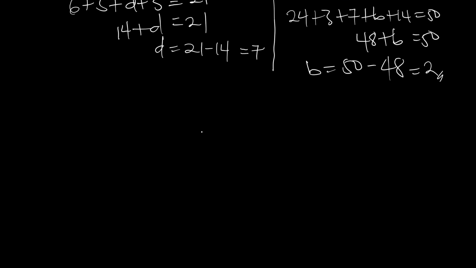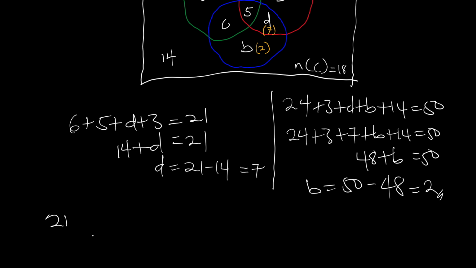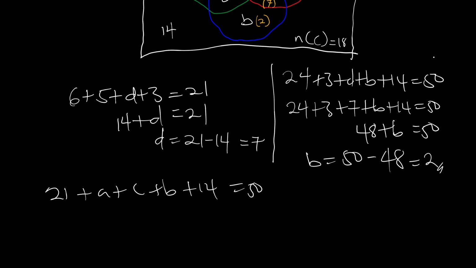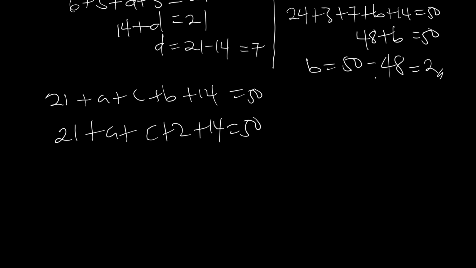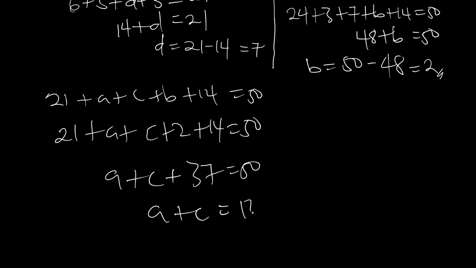So 21 plus A plus C plus B plus 14 should be equal to 50. Now we know that B is 2, so 21 plus A plus C plus 2 plus 14 is equal to 50. So A plus C plus 37 is equal to 50, and A plus C is equal to 13.